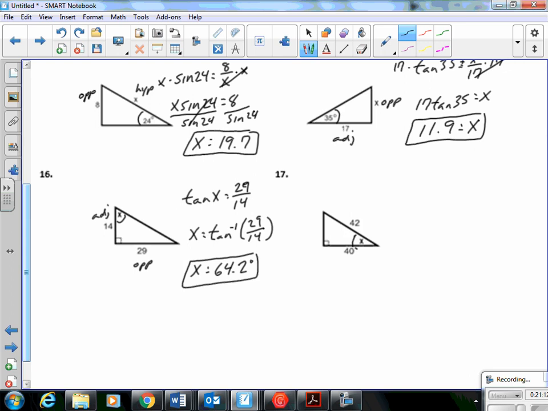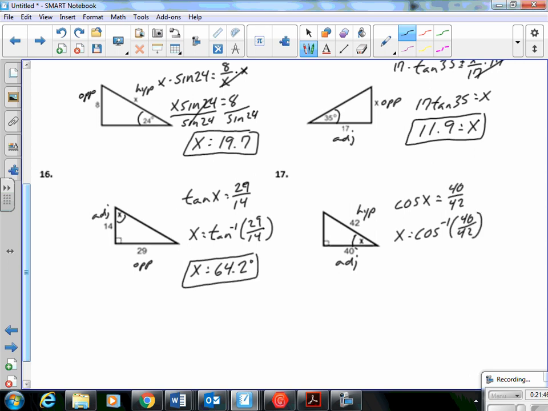And lastly, we got an x. 40 is on the adjacent side, 42 is on the hypotenuse. So the trig function that goes with adjacent and hypotenuse is cosine. So the cosine of x is going to equal the adjacent side 40 over the hypotenuse 42, which means that x is going to be equal to the inverse cosine of whatever 40 over 42 is.